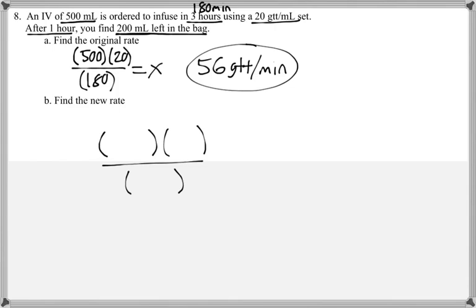I'm still using the same machine, so I'm still using the same tubing. So the 20 stays the same. And we need to remember that this is going to be the time left, and this is the amount left in the bag.